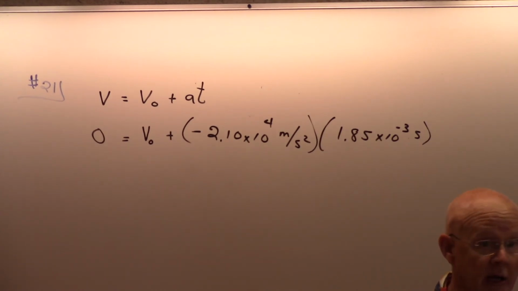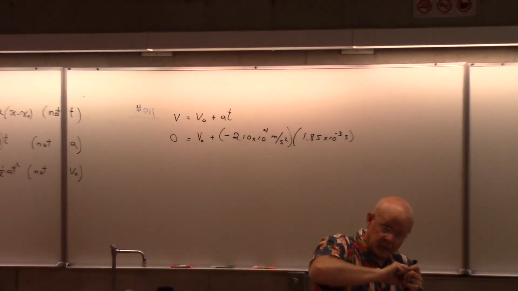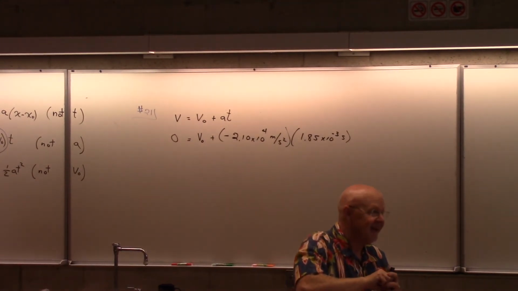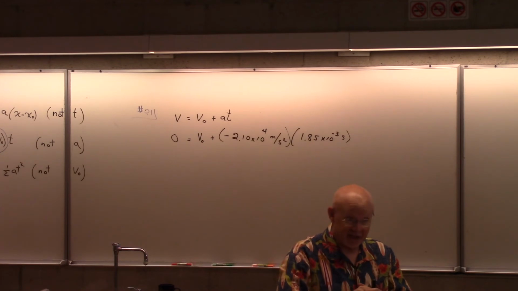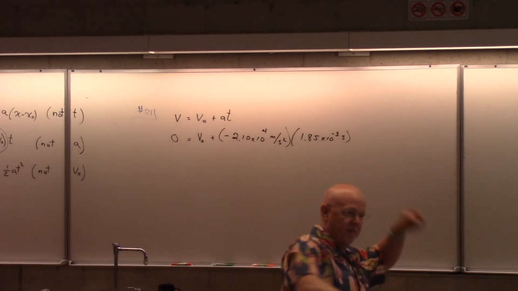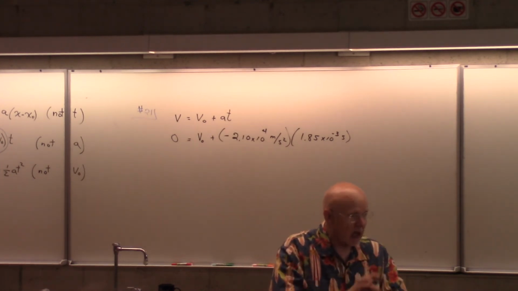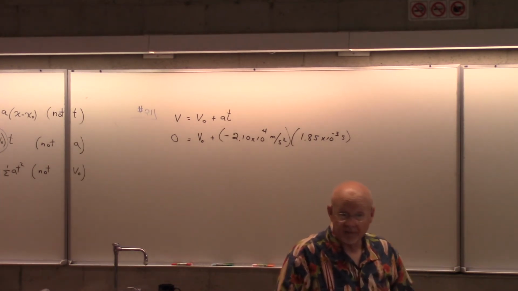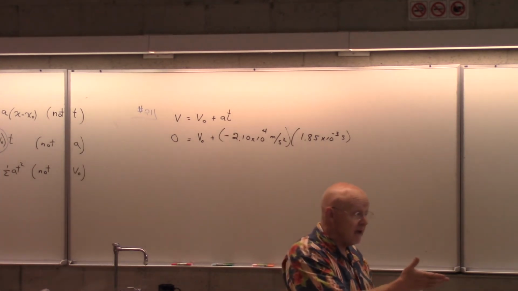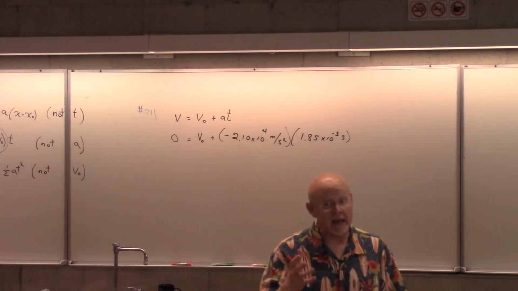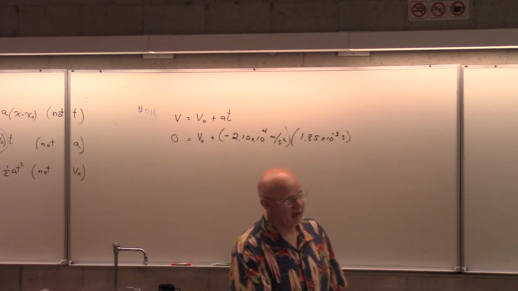Picture what's going on. Somebody's catching the ball, and what happens after they catch the ball? It stops at 0 speed. Now, maybe after that, they throw it back or something, but they're going to catch it. And it's during that contact in the mitt that they're talking about. And so they're indirectly giving you final speed. And you have to mentally picture that in order to solve this problem.